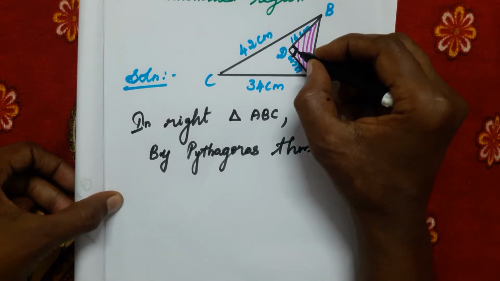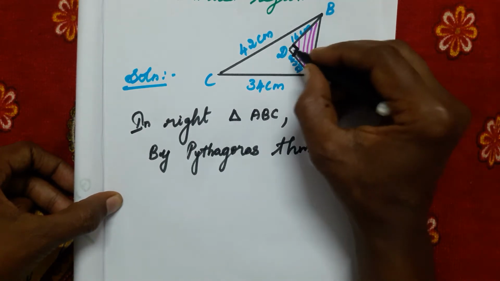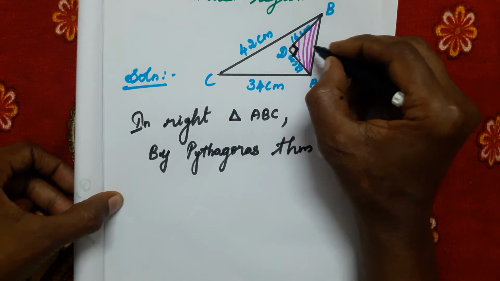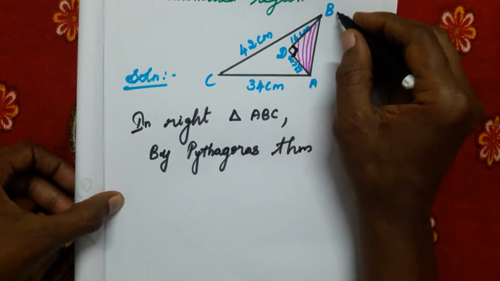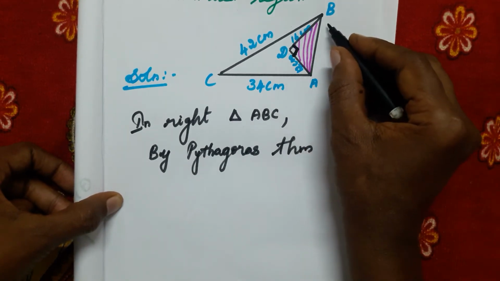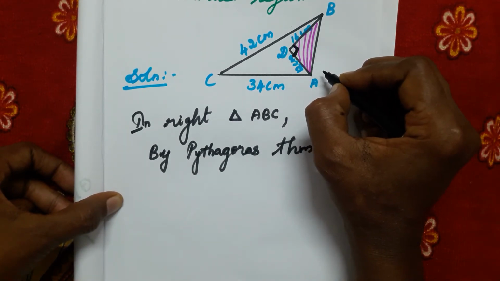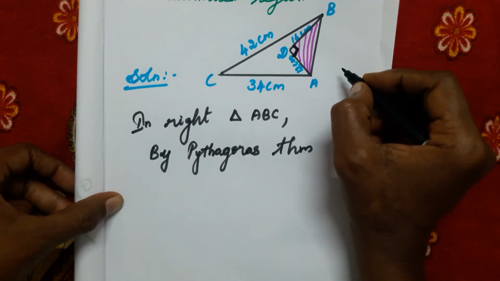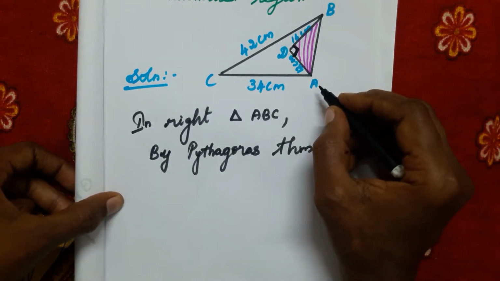What is the hypotenuse? The side opposite to the right angle is called the hypotenuse. Here AB is the hypotenuse. Have you all understood?